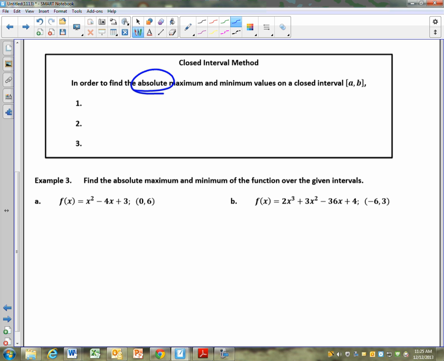If there is a local maximum and the derivative exists, then for sure the derivative is 0. In order to find the absolute maximum and minimum on a closed interval, we should first test or check endpoints. A closed interval means that the graph doesn't go on forever, it doesn't go toward negative or positive infinity.